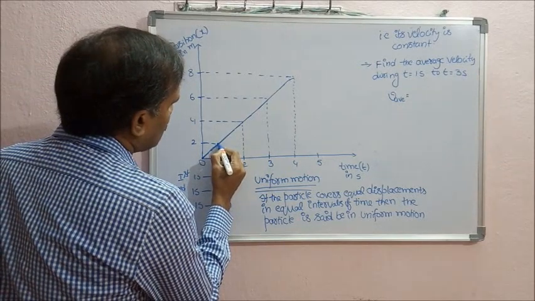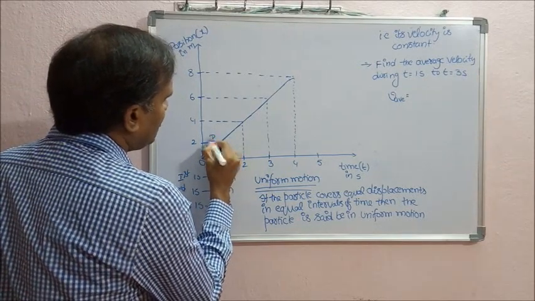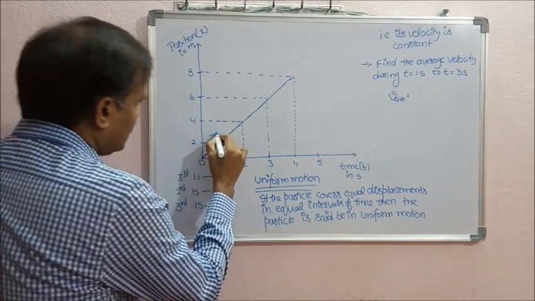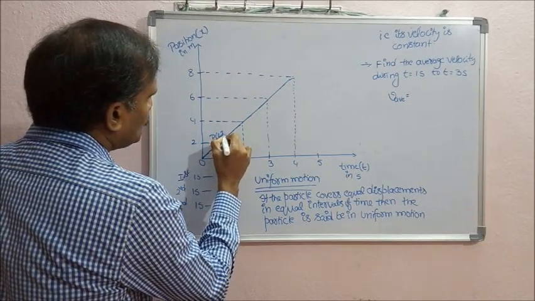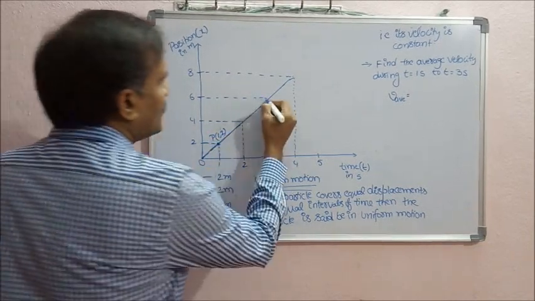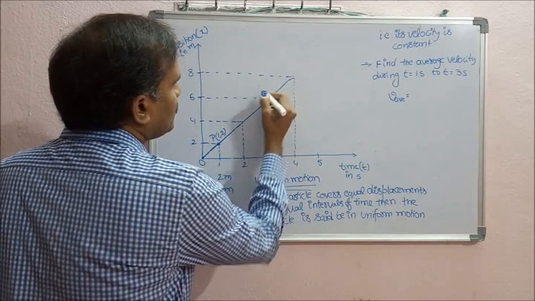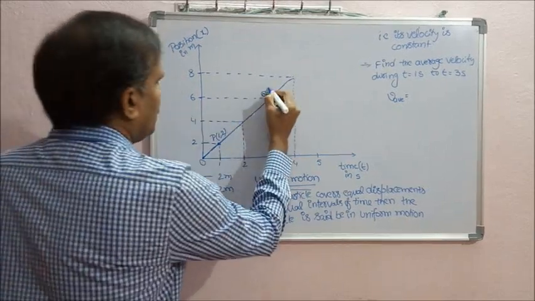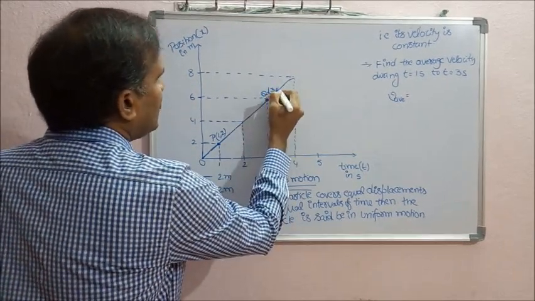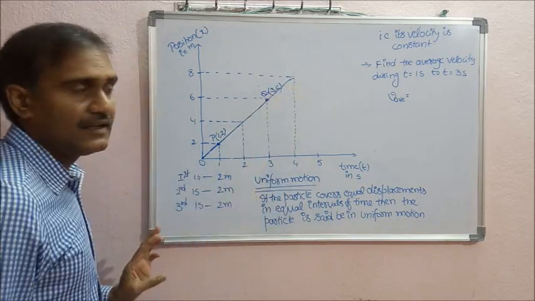Now, what are the coordinates of this point P? Yes, it is 1 second, 2 meters. What are the coordinates of this point Q? It is 3 seconds, 6 meters.